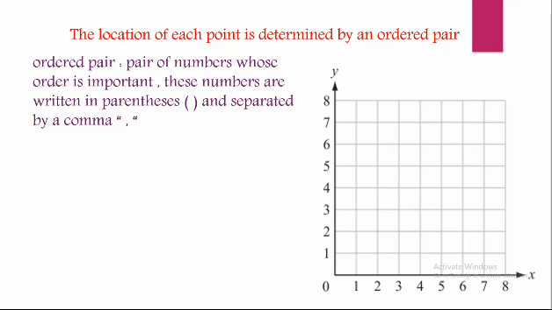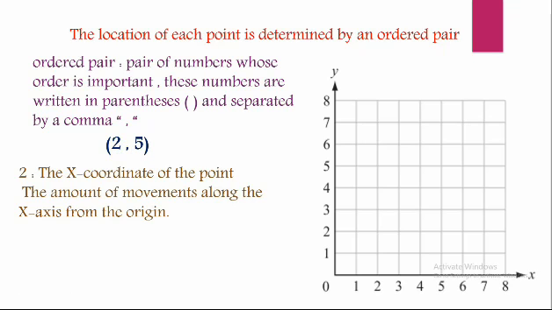Well, a lot of words. What does it mean? It means, for example, if we have an ordered pair like this one, 2 and 5, what is the meaning of this? It means here's a 2 as the x-coordinate of the point, or the amount of movement along the x-axis from the origin. To understand it more, start from the origin, and 2 means we are going to move on the x-axis.